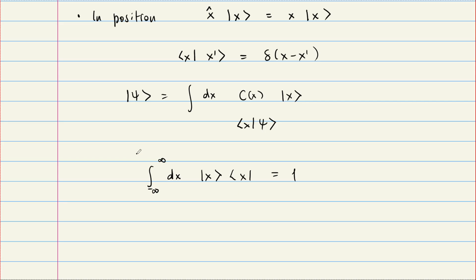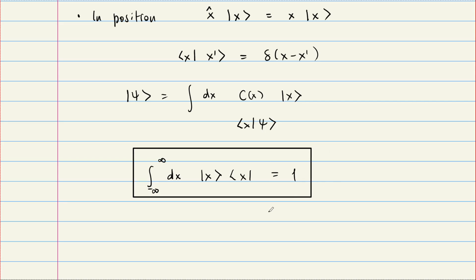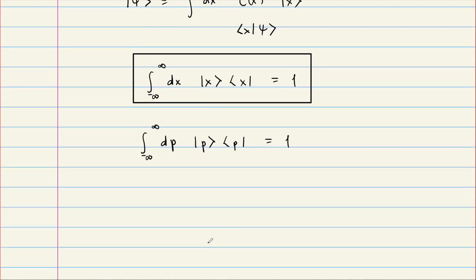If I can do it for position, I can do it for momentum. The same thing: the integral dp |p⟩⟨p| is 1. And any inner product in the abstract Hilbert space, I can have a bra in the Hilbert space and a ket in this Hilbert space, and this is the abstract inner product.